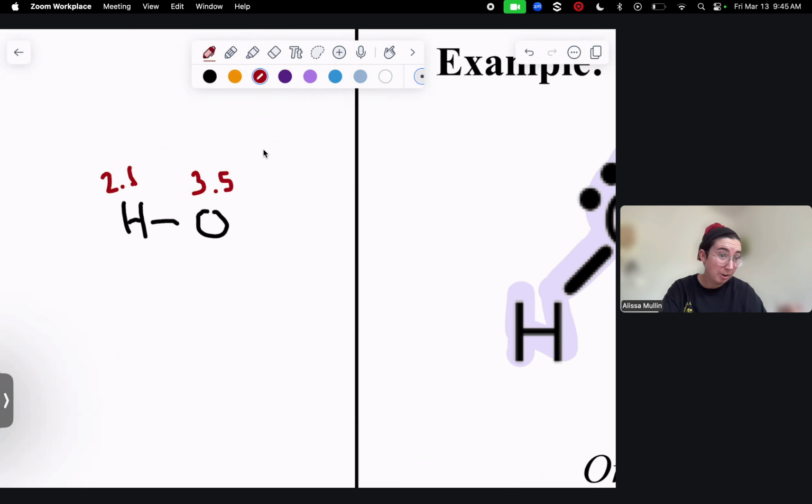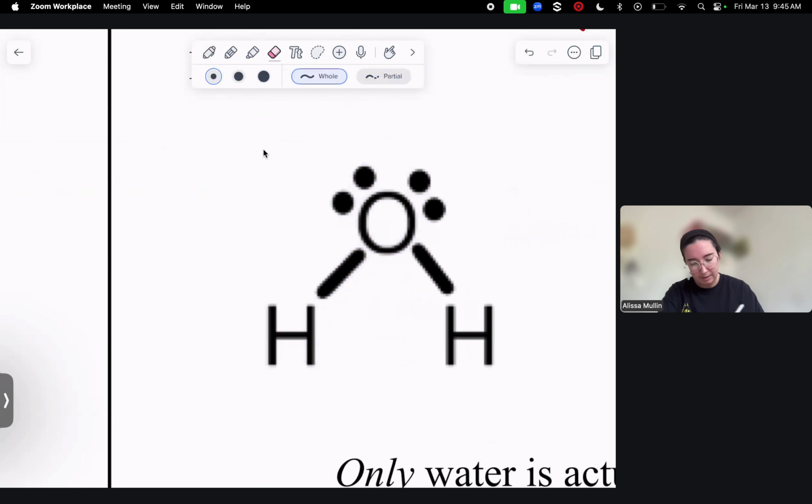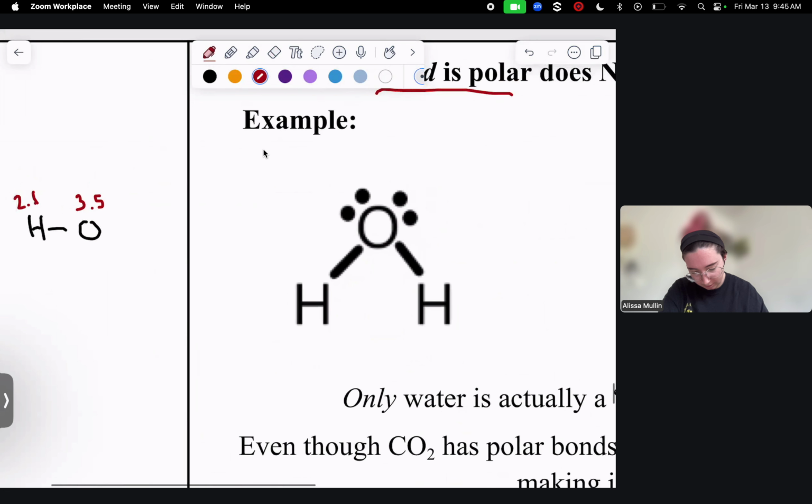So is that a polar bond? I would say yes, absolutely, that's a polar bond. So this is a polar bond where my electrons are being pulled up towards my oxygen. And then there's another bond, another OH on this side, and there's those electrons being pulled up towards my oxygen.